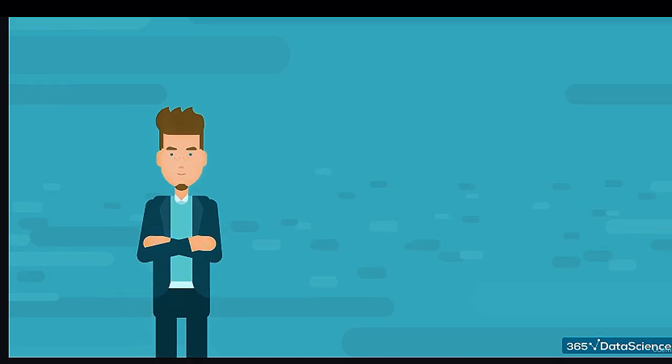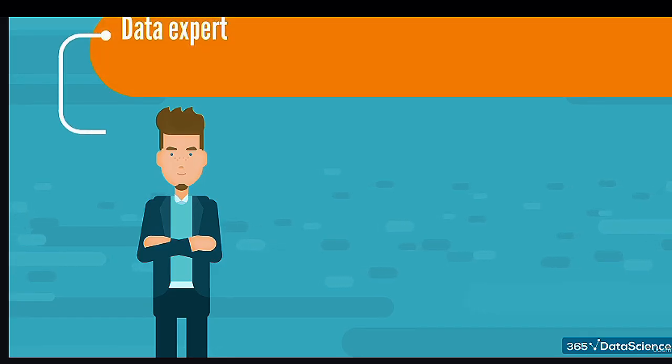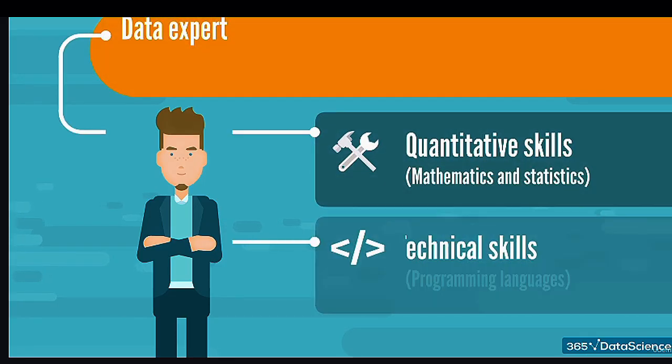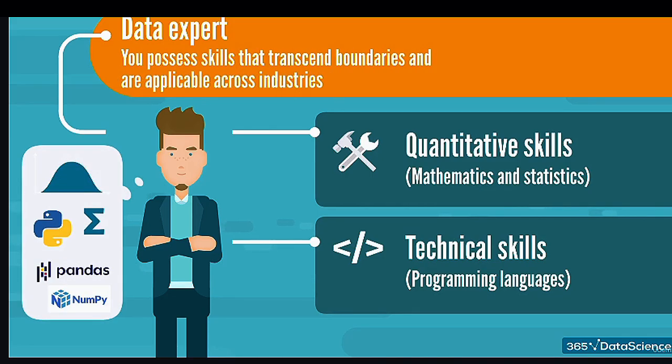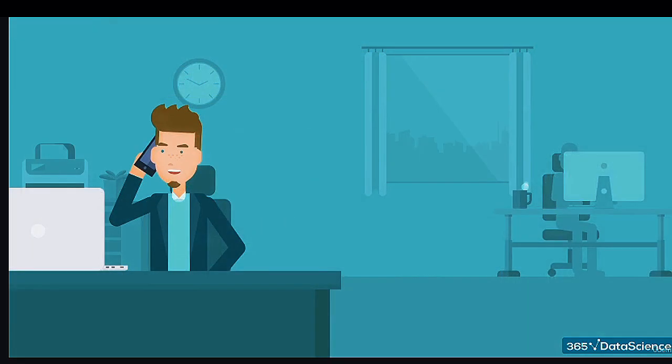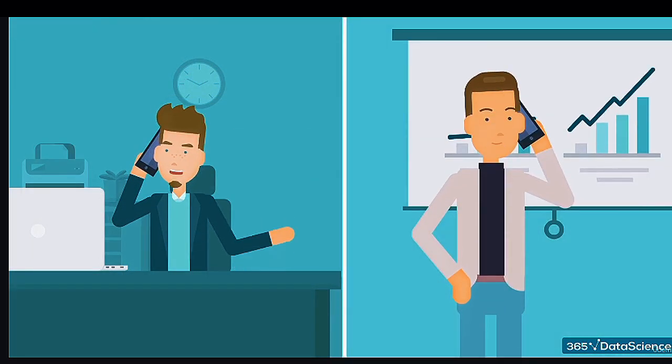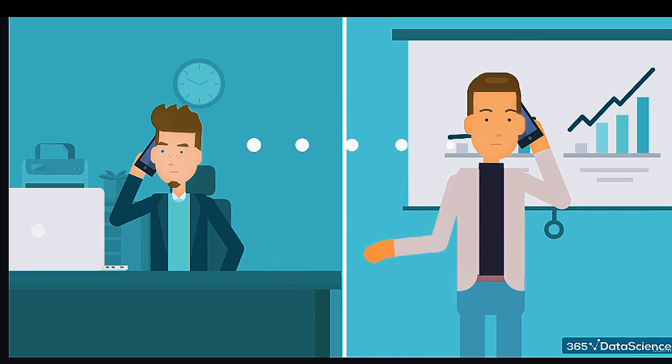A data person, instead, is there to help out where the business people's hands are tied. To be considered a pillar of strength, a data expert should possess quantitative and programming skills that transcend boundaries and are applicable across industries. Consequently, although they have very different profiles, a business and data analyst are in constant contact.